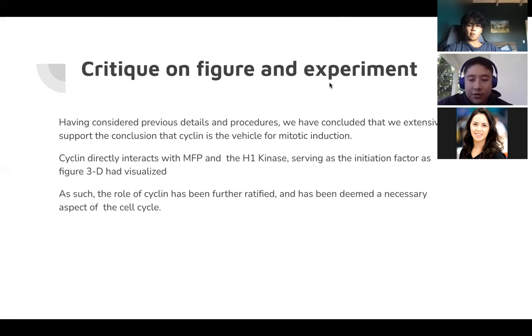So obviously, cyclin has been a very important vehicle for the cell cycle in this research article, and its multiple associations to both the MPF, the maturation promotion factor, as well as the H1 kinase and the proven details leave us with a very clear view, actually, of the importance of cyclin in the schematic process of the cellular cycle, leaving us knowing that cyclin is absolutely necessary for the cell cycle.